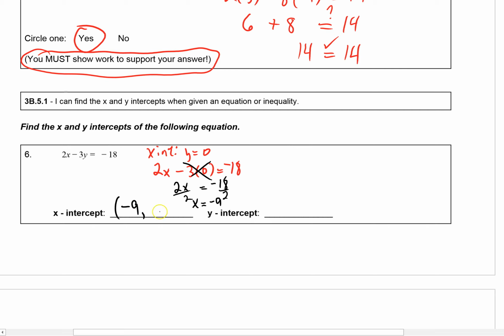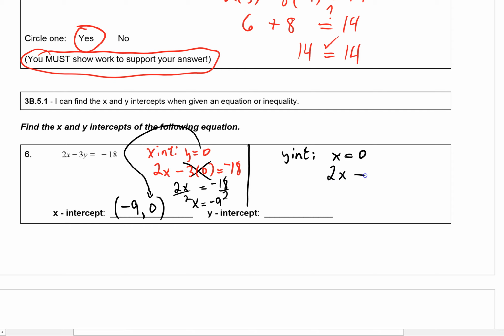Your x-intercept is going to be written as a point. Your y value needs to be thrown in there. That's the ordered pair, negative 9, comma 0. Well, if we wanted to find our y-intercept, very similarly, we let the other variable equal 0.